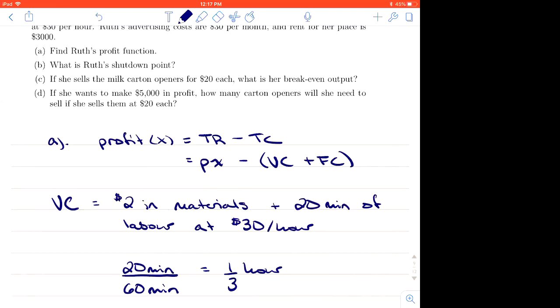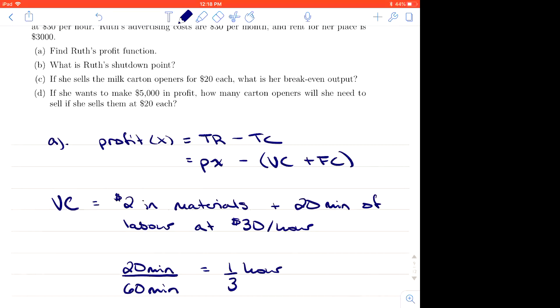As long as you're selling the item for more than it costs to produce it, you're still eating into those fixed costs. So as soon as you can sell it for more than it costs to make, you start production, and then you make a negative profit until you've covered the fixed costs, and then you make a positive profit. So there's that region that we don't like, negative profit, but we still sell it because it's eating into the fixed costs.